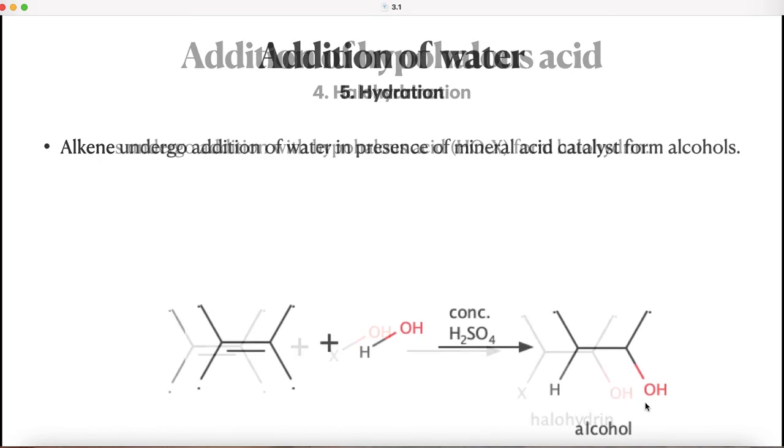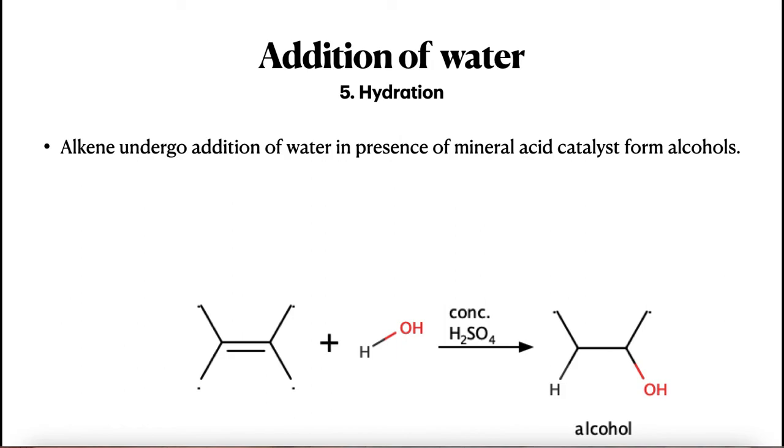Fifth reaction is the hydration, that is the addition of water. Alkene undergoes addition of water in presence of a mineral acid catalyst to form alcohol. HOH is added to the doubly bonded carbons. There is the formation of the alcohol.